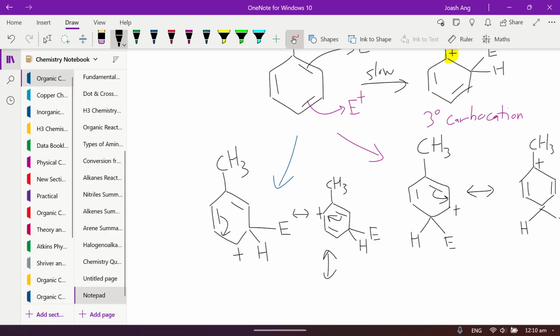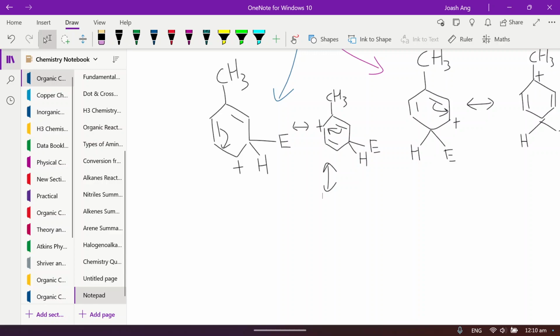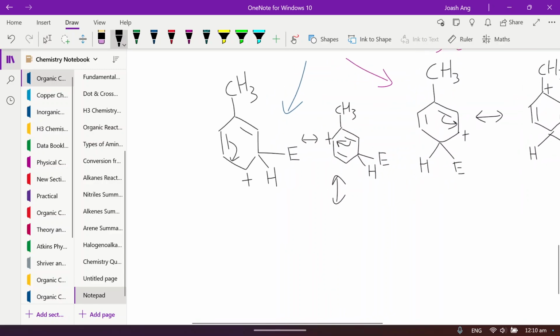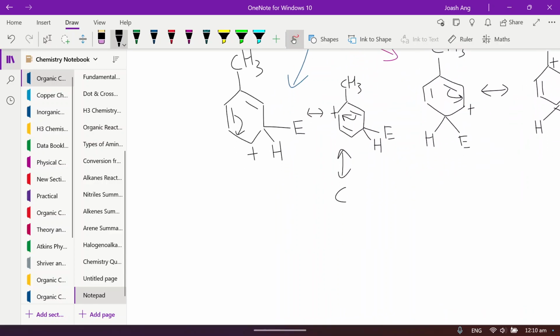You can see I can only form secondary carbocations. So most of these are actually secondary carbocations, which is less stable than a tertiary carbocation. So this is why we do not preferably want to attack the third position.